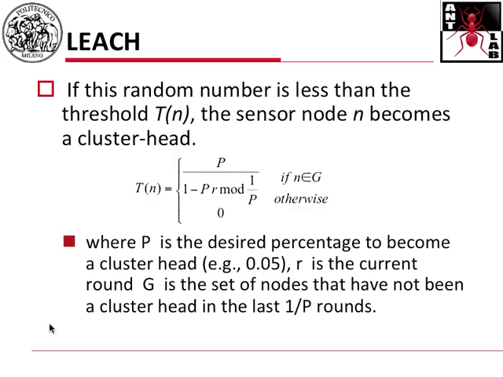The parameter is P, to store P, and the counter is to store R, the current round. So it's very, very simple and easy to have this clustering rule working on sensor nodes, because the logic is very simple. What about drawbacks? What don't you have here?